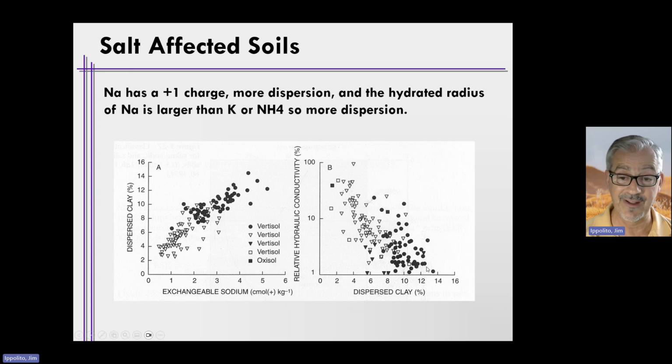Look at the y-axis. It's on a log scale. It drastically decreases. So there's a direct correlation between exchangeable sodium in a soil and the ability of water to move through soil, or lack thereof.